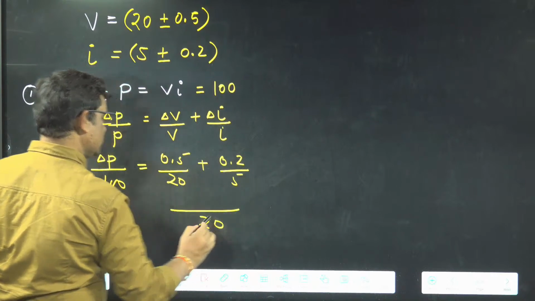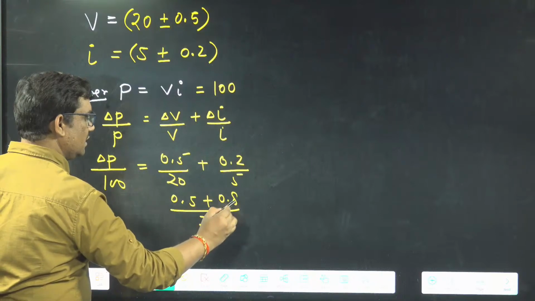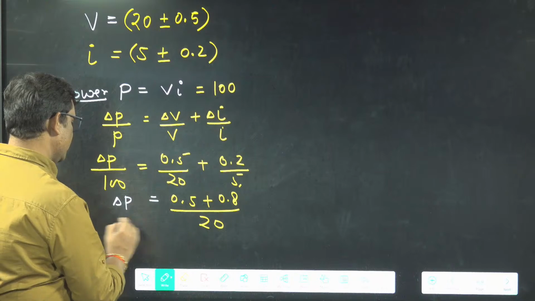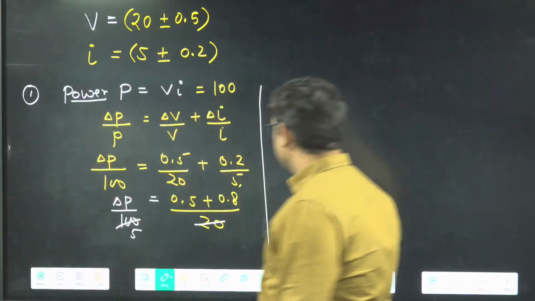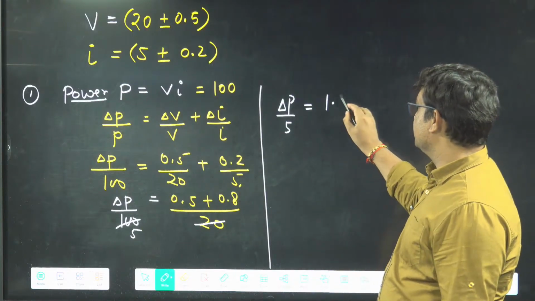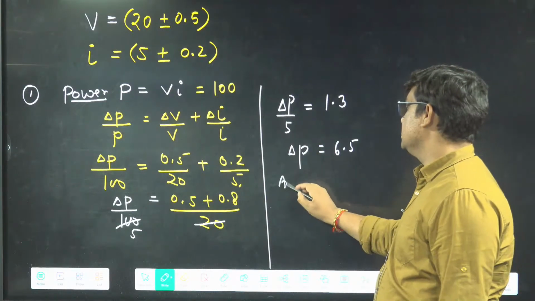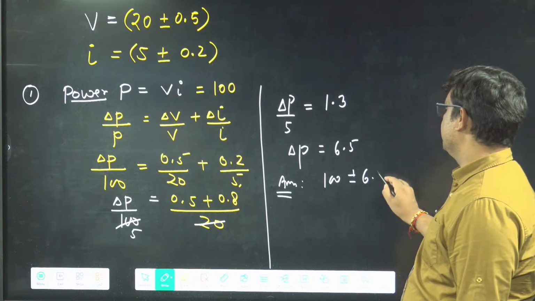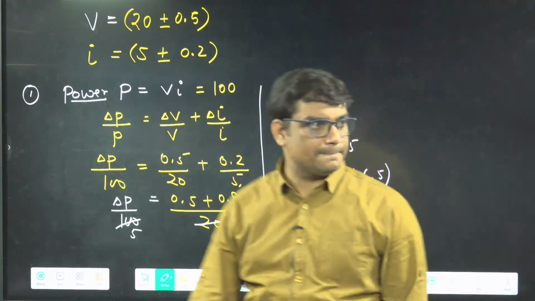Here 20 is the LCM, so we can write 20, so 0.5 plus 0.8, that is 1.3. Now delta P divided by 100, so this 20, this will be 5 this side. So delta P divided by 5 equals 1.3. So delta P equals 6.5. What will be the answer here? 100 plus minus 6.5 is the answer. Okay. This is the answer here.